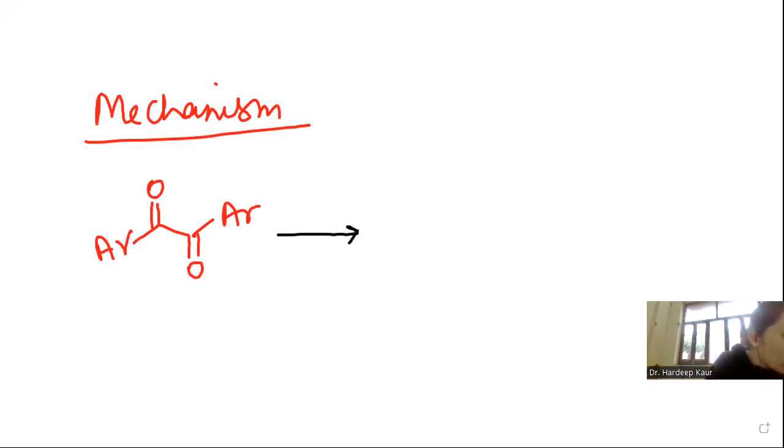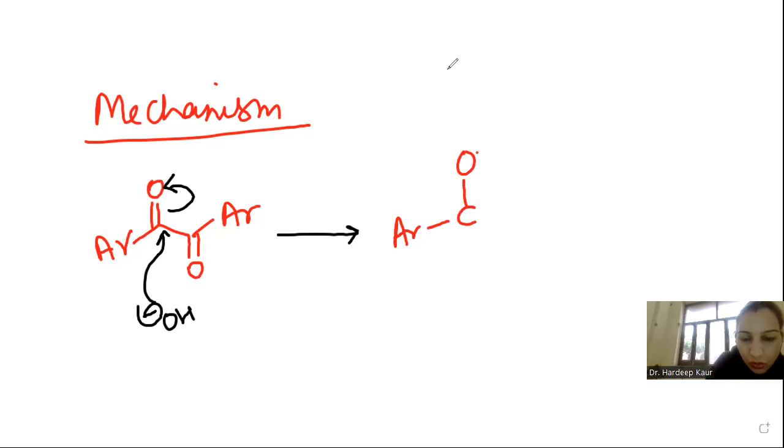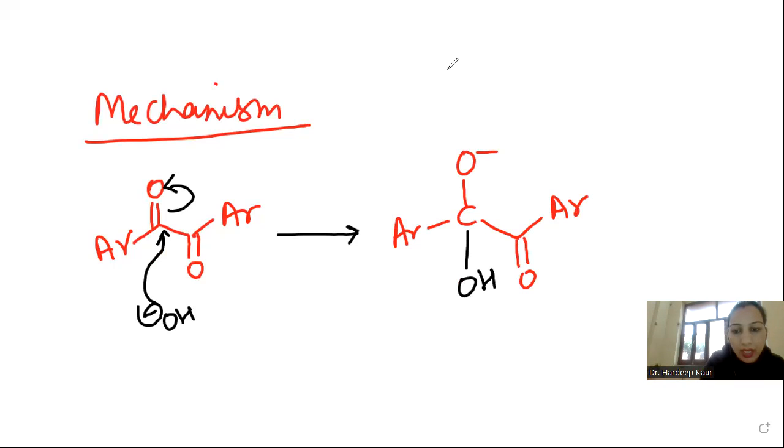When you add OH negative, this OH negative will attack on this carbonyl carbon, and this results in conversion of this into O negative, C, Ar, double bond O, and here we get an OH attached. Once you get this, in the next step, what will happen?